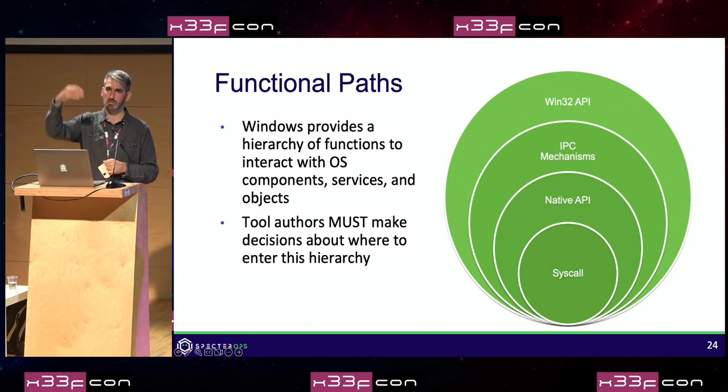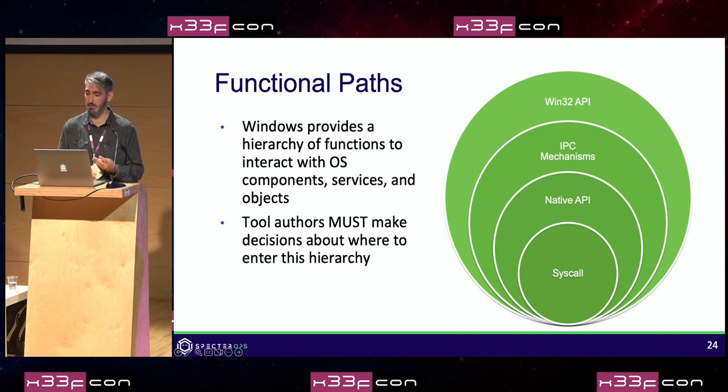But generally, we do see this progression from Win32 API. Some Win32 API functions have IPC mechanisms, for instance RPC procedure calls, which is super common, and ALPC, just to name a couple. COM probably fits the definition of an IPC mechanism as well, down to native API calls. API functions that start with things like NT or ZW are native APIs, which are often essentially just wrappers around syscalls.